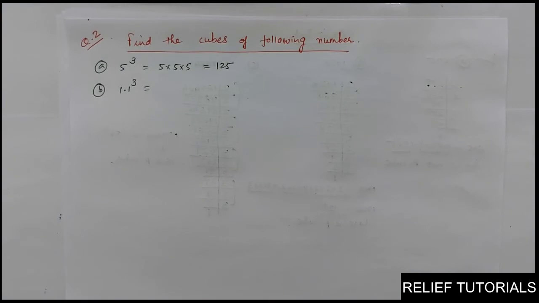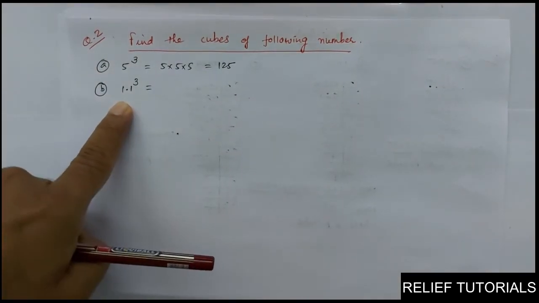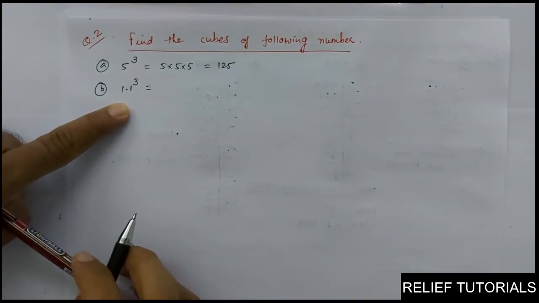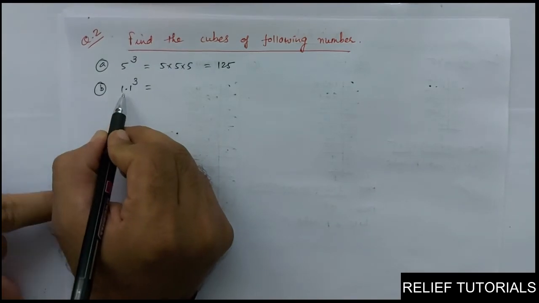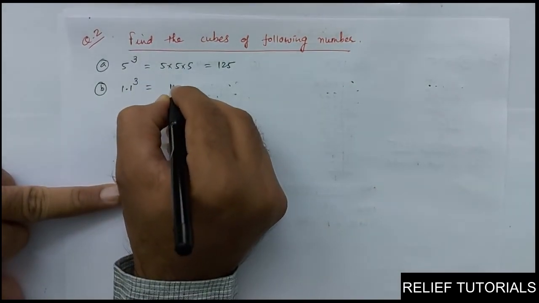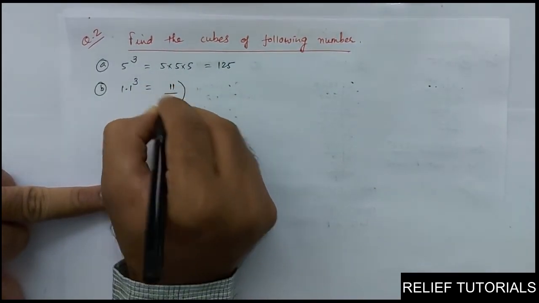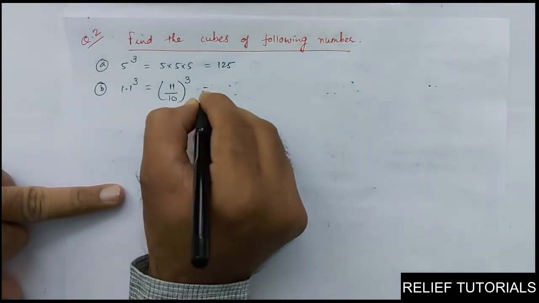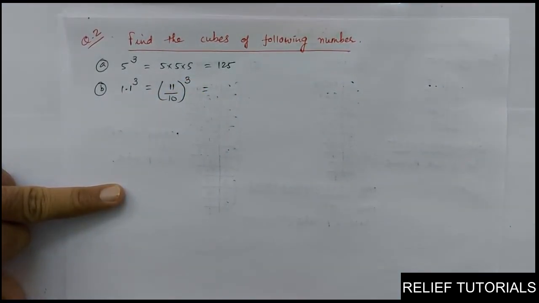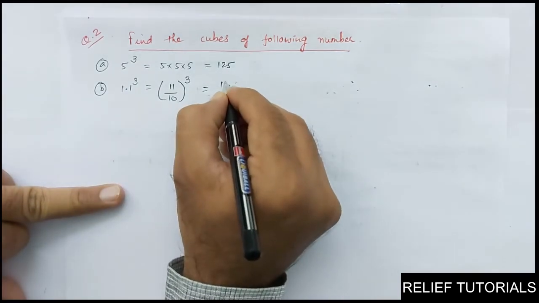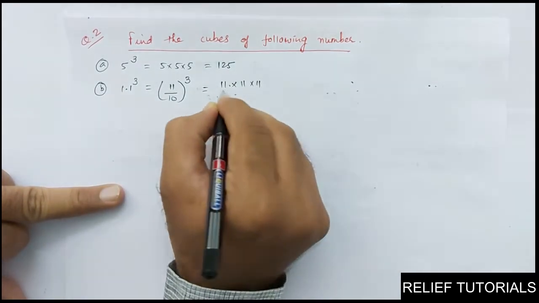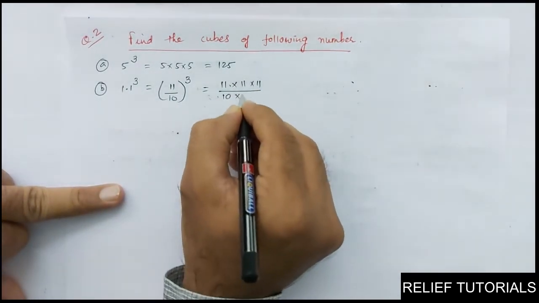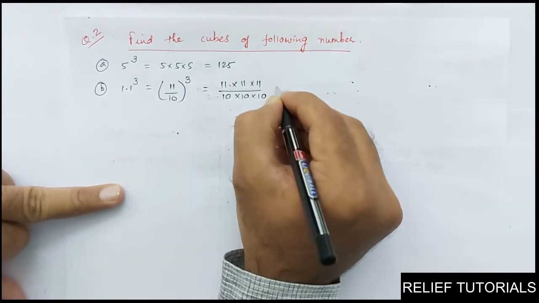B, it is 1.1 cube. See, whenever you find decimals and you want to find the cube of them, you convert them into fractions by removing the point. So 1.1 cube can be written as 11 by 10 cube. Now 11 cube means 11 into 11 into 11 upon 10 into 10 into 10.